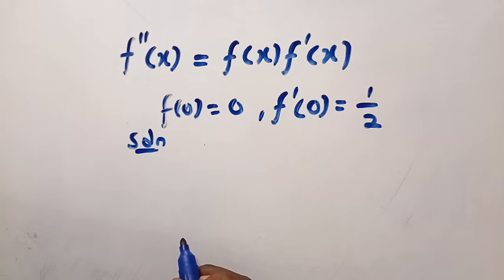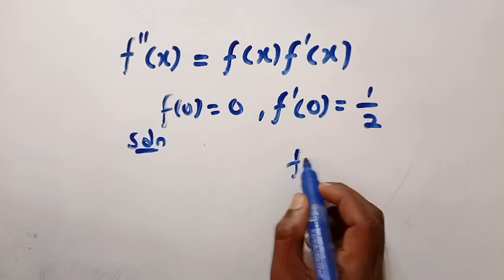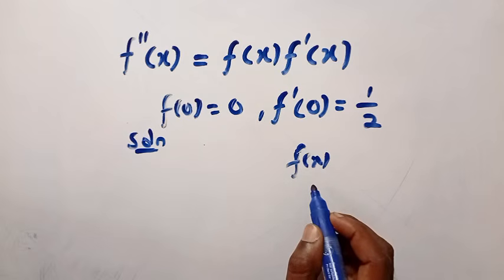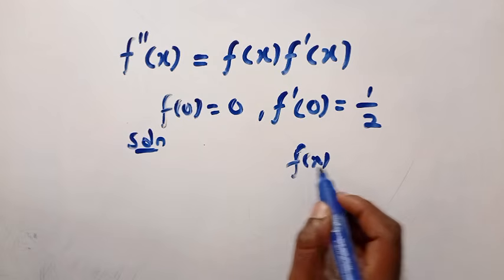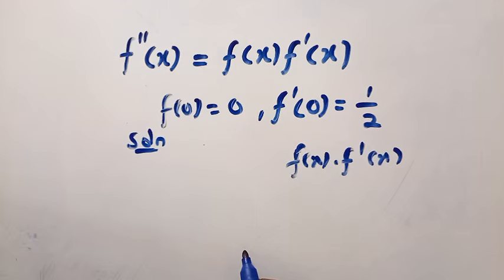Any time we are differentiating the dependent variable, it stays there, then we multiply by the derivative. For instance, if I differentiate f of x, this will still be there, then multiplied by f prime of x.